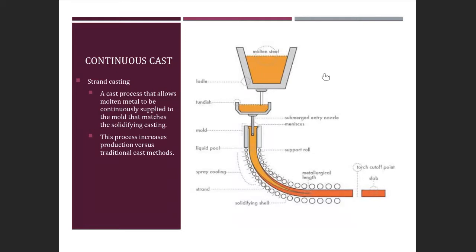The nice thing about this is it increases your production versus your traditional cast methods, where you have a ladle of molten metal, you pour the entire ladle of molten metal out into a casting, then you take the ladle back and start the whole process of remelting again.